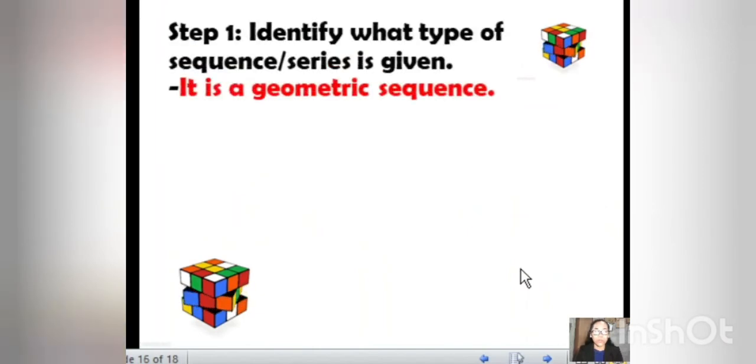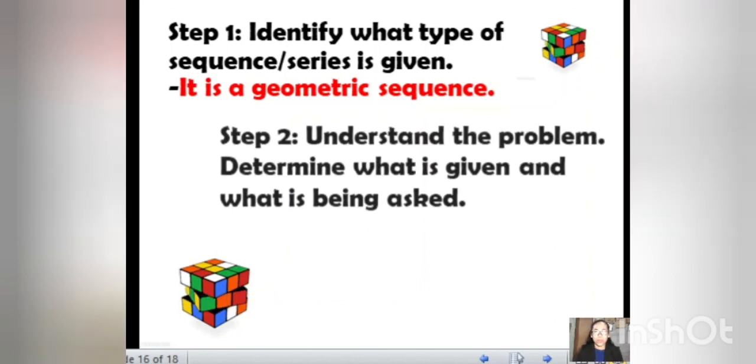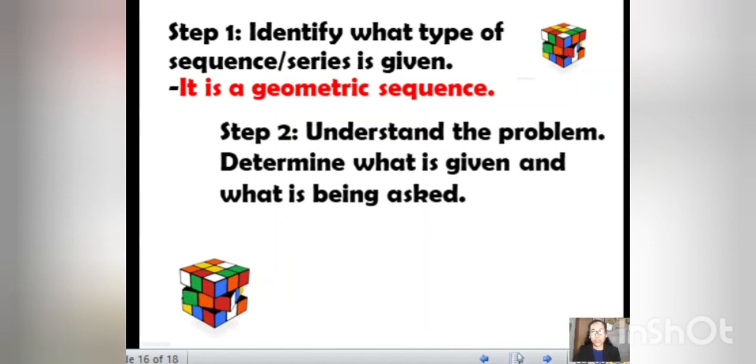First step, we have to identify what type of sequence or series is given. So that is a geometric sequence. Step number 2, understand the problem, determine what is given and what is being asked. So the given, we have your first term is equal to 80, and then your common ratio is equal to 2.